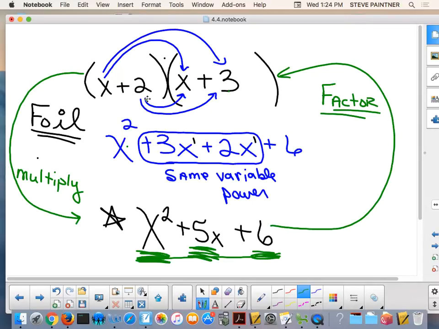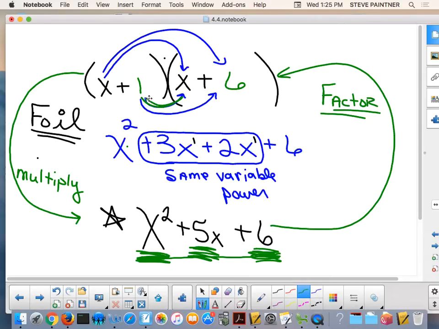Okay, here's my question. Why couldn't the answer be this? Why can't it be 1 times 6 is 6, right? Why can't it be 1 and 6? Yeah, it wouldn't add up to 5x. Because the inner would get you 1x, the outer would get you 6x.